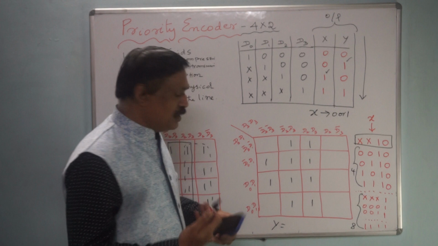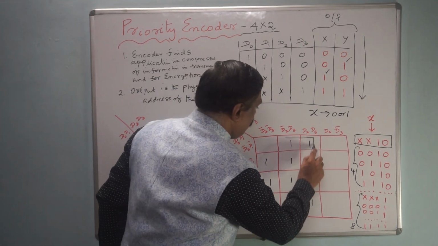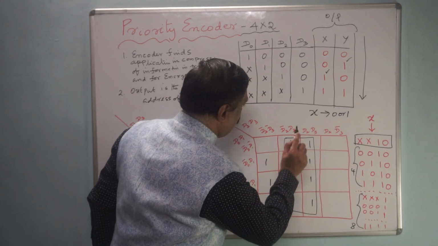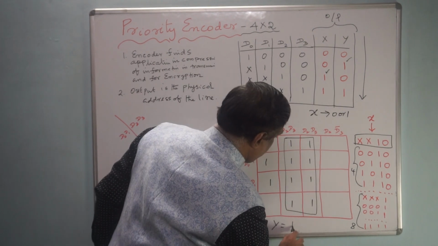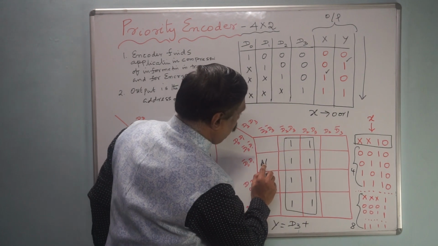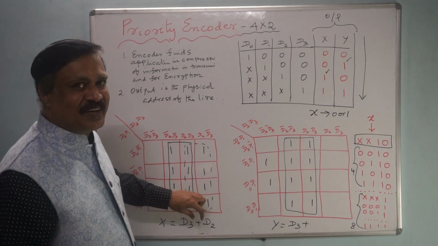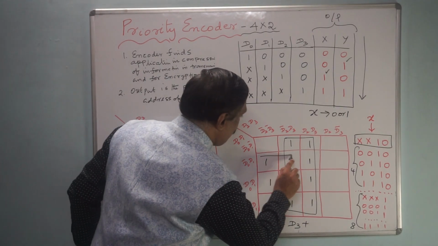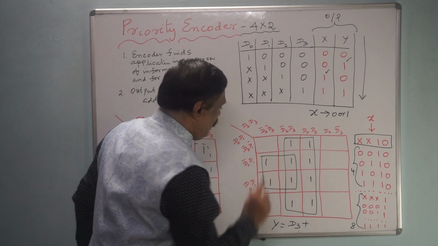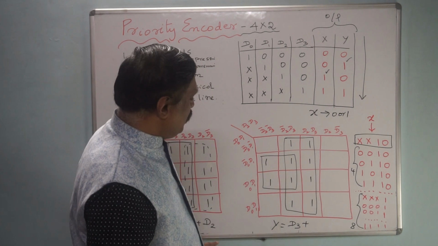Now, just like your equation, you have to go for a quad. Now this is your quad. Here that means D3, D3 plus, and you can go for a, sorry, I have told quad, this is octet. Okay, sorry, this is quad. This is the quad. For this quad, what is the variable?